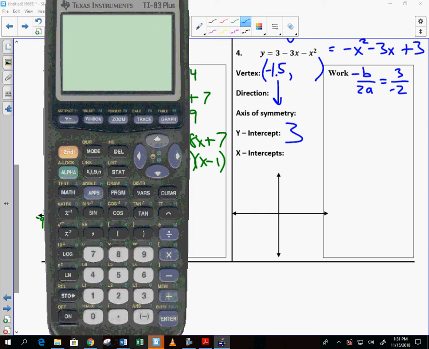So watch how I plug it in. I start with the negative sign. Wherever I see an x, I put parentheses. And I put negative 1.5. Squared. Minus 3. Parentheses. Negative 1.5. Plus 3. Let the calculator do the work for me.